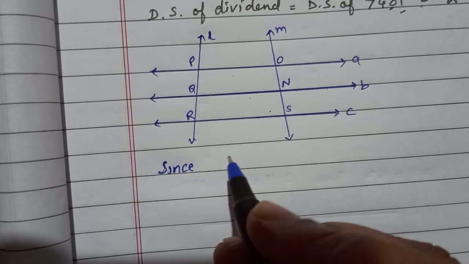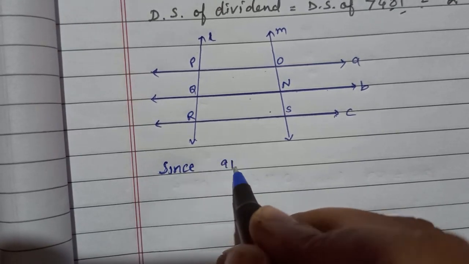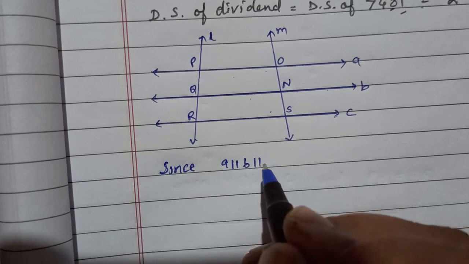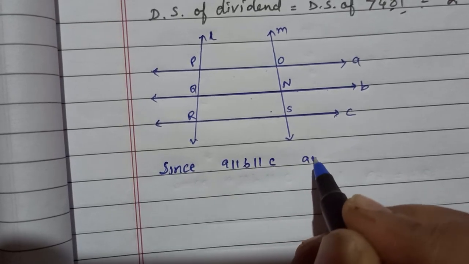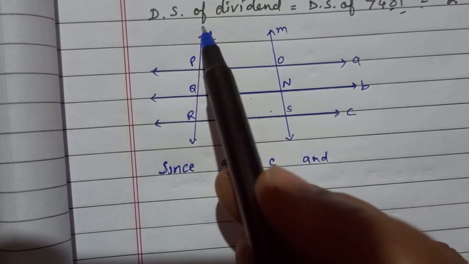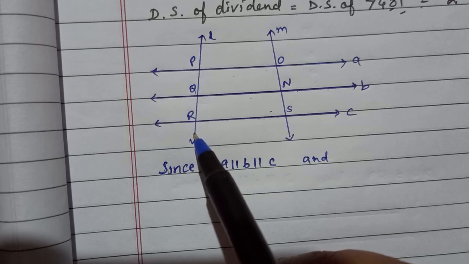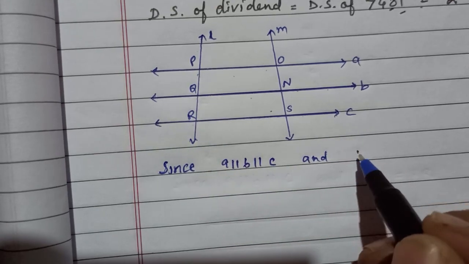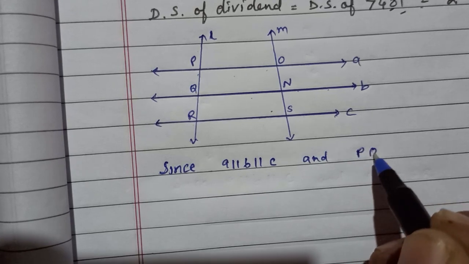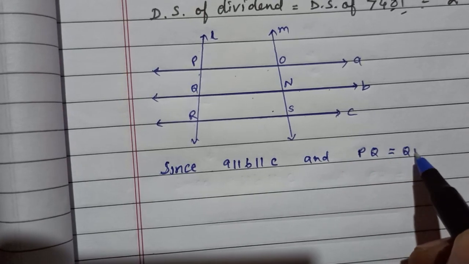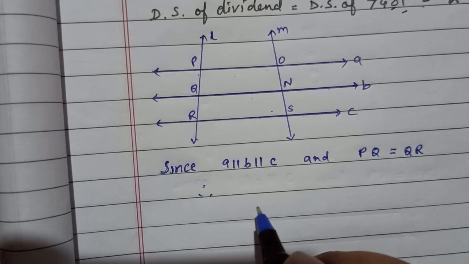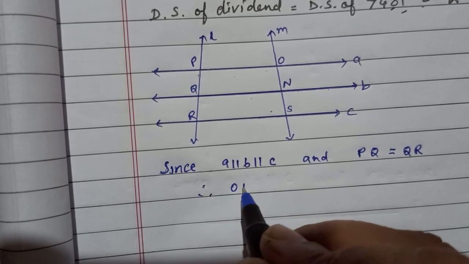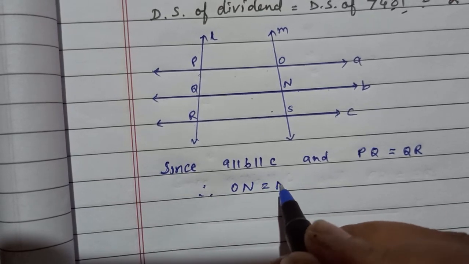Since A is parallel to B is parallel to C and transversal L makes equal intercepts, PQ equal to QR, therefore ON is equal to NS.